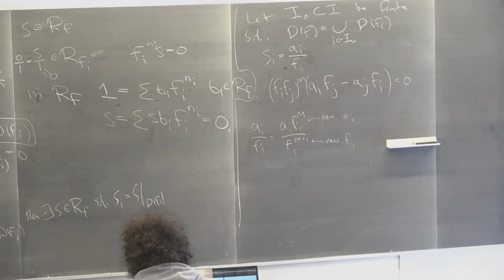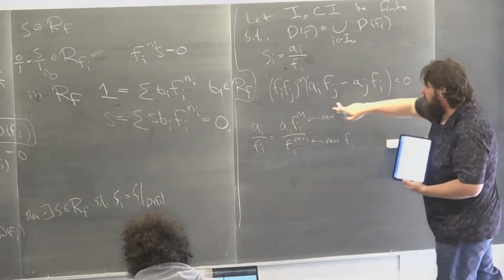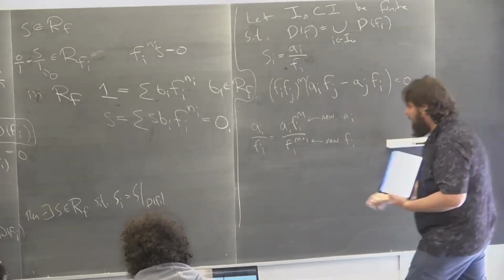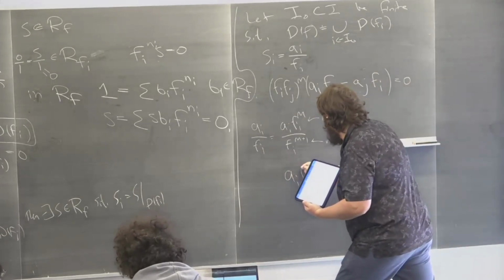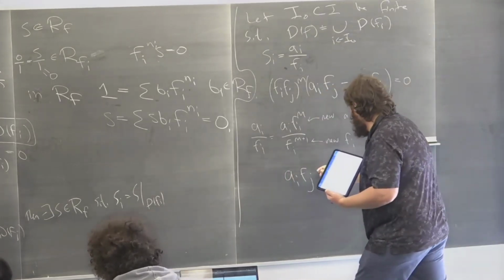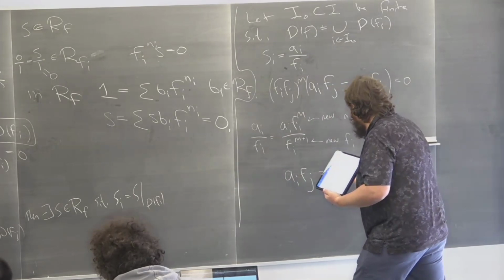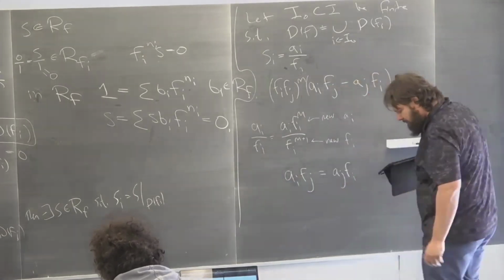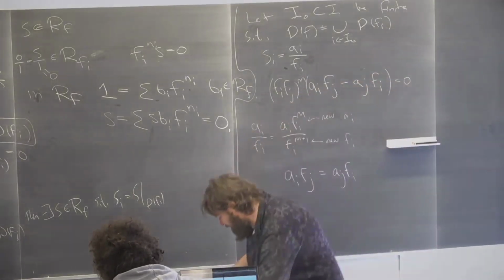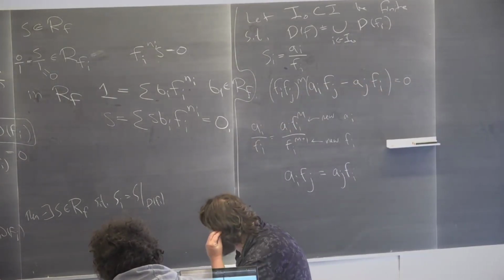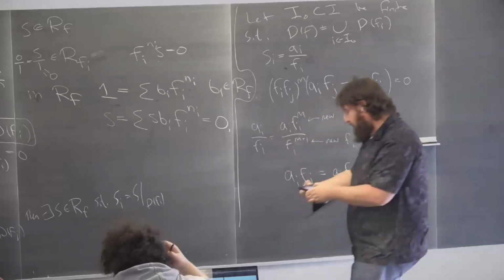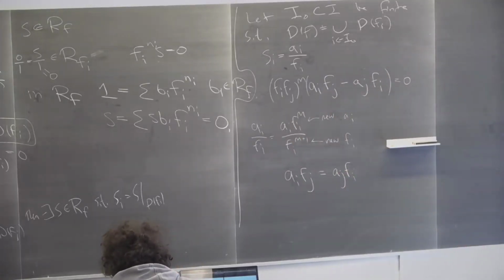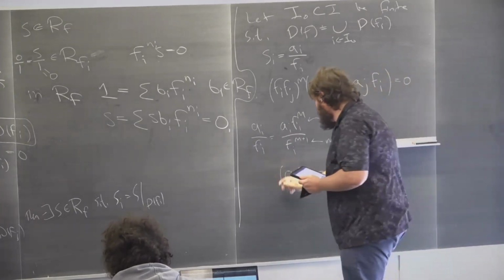And by doing that replacement, I can assume that I don't have to put this power here. I can assume that I just have AiFj is equal to AjFi. Okay. And now I play the argument I had before.